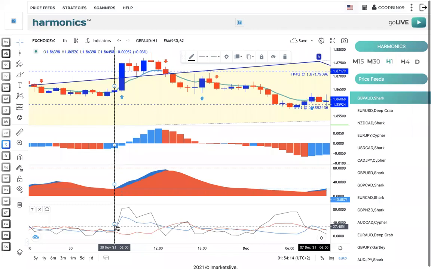Then we come down here. We see that the blue is overtaking the red, meaning that the buyers are in control, and the black line is above both of them. Now, the black line tells you if that trend is actually really strong or not. Essentially, anytime you see multiple lines, the further away these lines are from each other, the stronger that trend is.